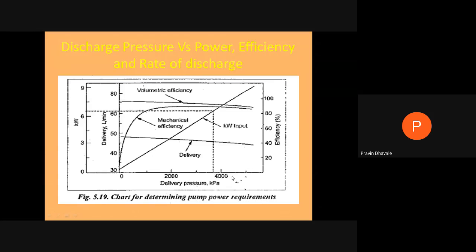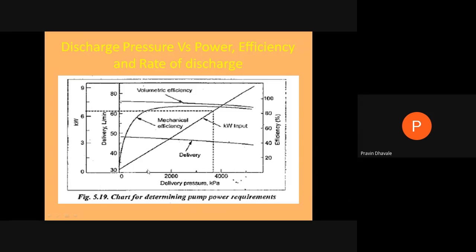It will show the discharge pressure in kilopascals, and on this will be the efficiency. Meaning at a higher discharge pressure, we require higher input power for the pump. And another is this efficiency line: mechanical efficiency line up to 80%, volumetric efficiency line up to 85%, right? It will be shown with respect to this delivery pressure.